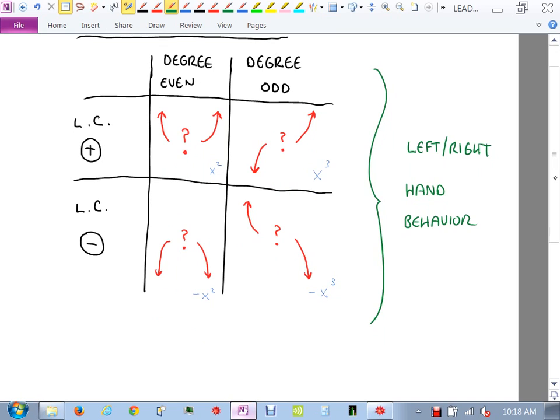So when we're talking about polynomial functions and we ask, what's the left and right hand behavior? I'm saying, which of these cases is it? Does the left side go up or down? Does the right side go up or down? That's left hand and right hand behavior. Got it?